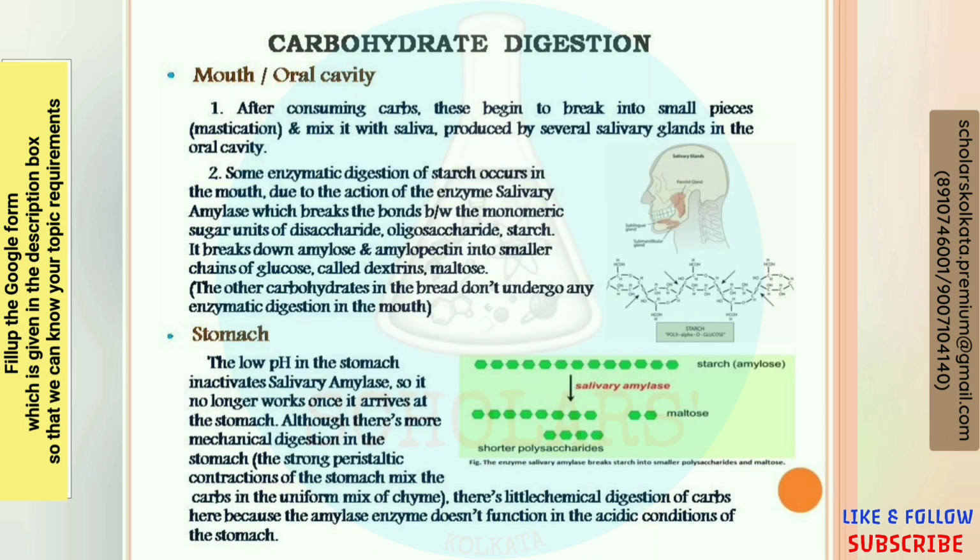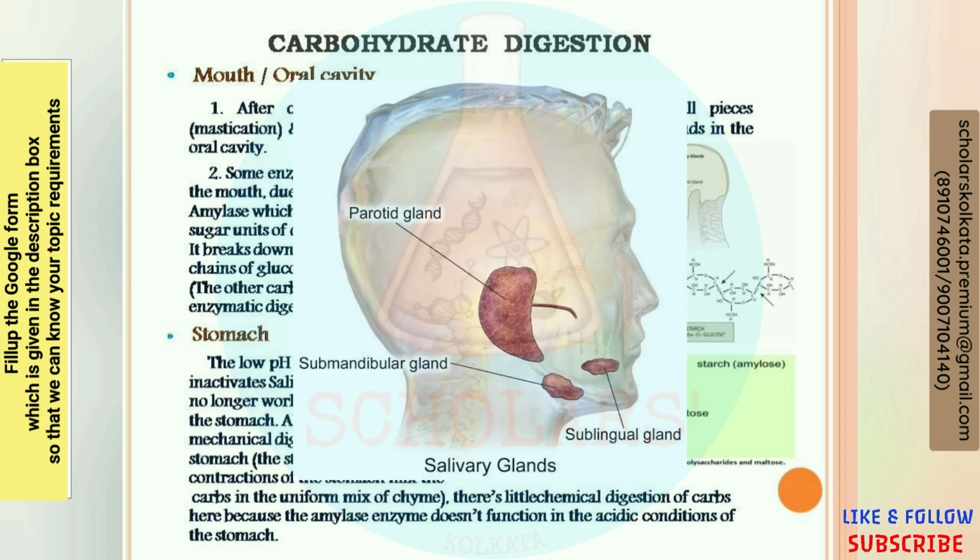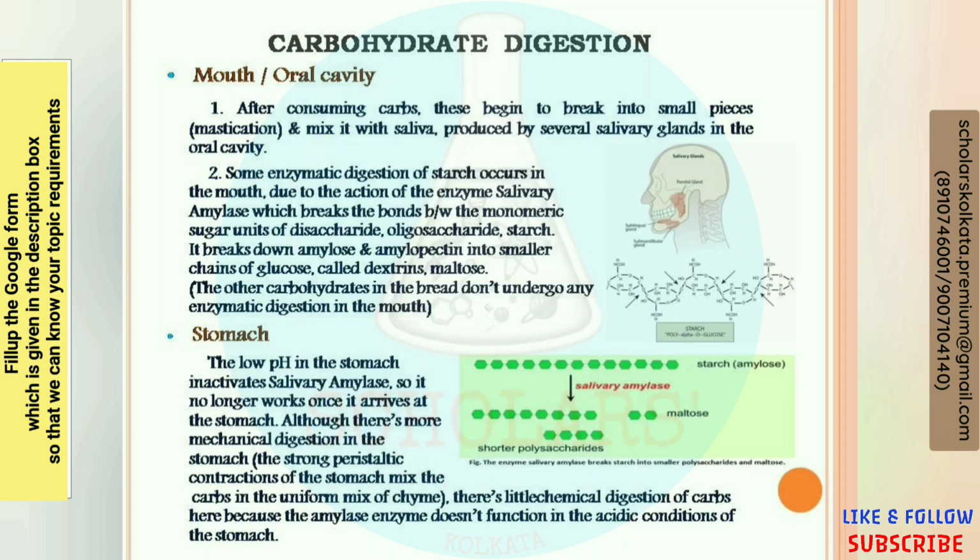Then the small pieces are mixed with saliva, which is produced by the several salivary glands; we all know that we have three particular salivary glands in our oral cavity. So after consuming the carbs, the mastication process occurs, which breaks the large pieces into small pieces and mixes them with saliva, so that they can be digested easily.